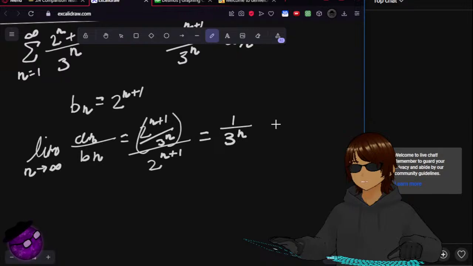We get 1 over 3n. The limit as this approaches infinity, it's bigger and bigger, which is 0.